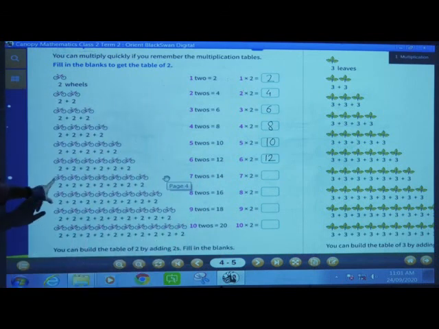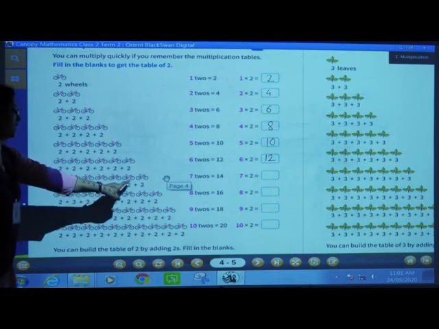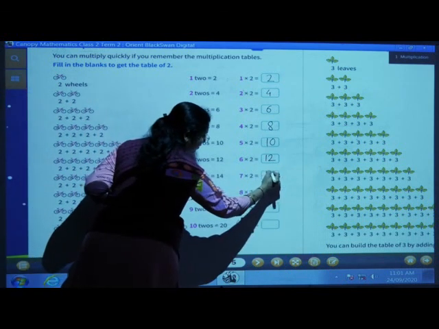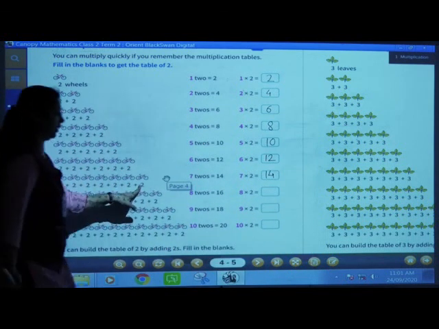Next, the number 2 is repeated how many times? 1, 2, 3, 4, 5, 6, 7. Means 7 2s are 14.